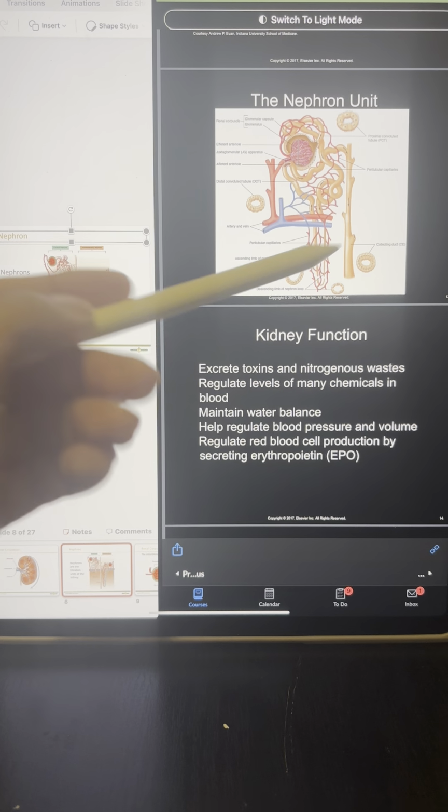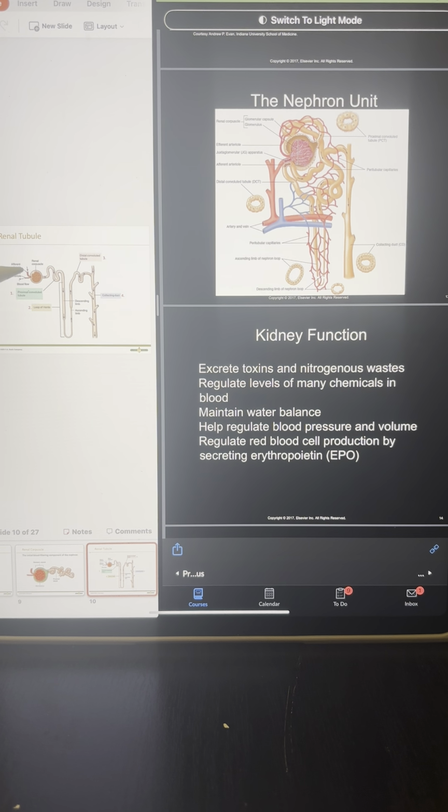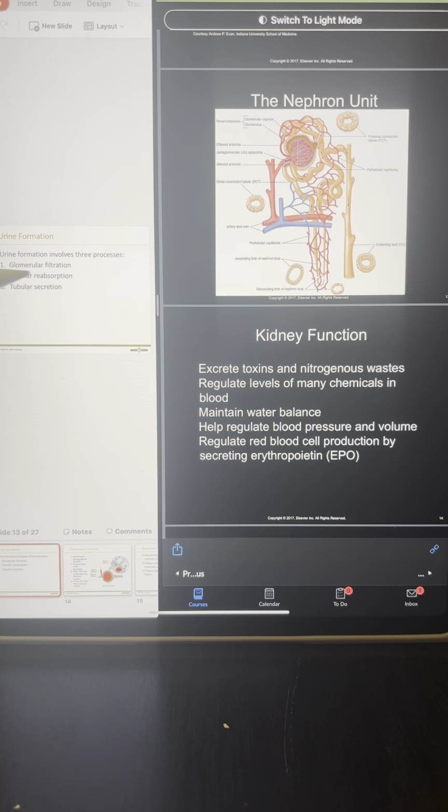Your collecting ducts, like I said, let's see if I can find a picture. Oh, perfect. You see it goes through here again, through all these tubes, collecting duct. The collecting duct then goes into, well, I want to go through that with y'all. Give me a second.